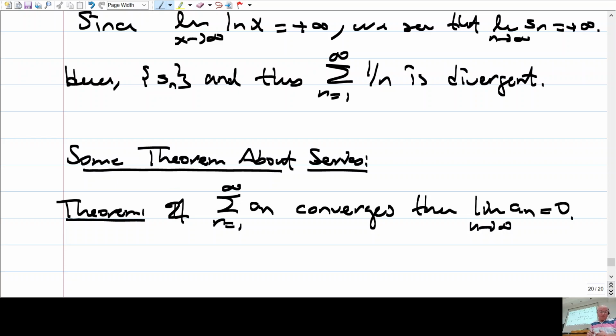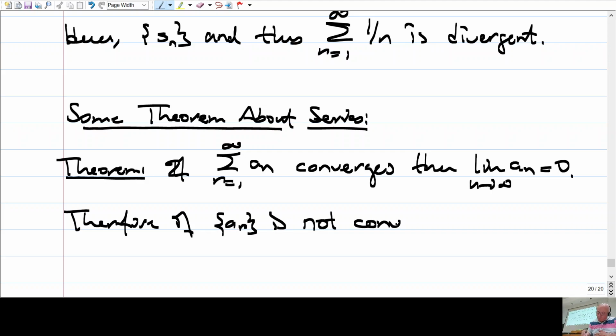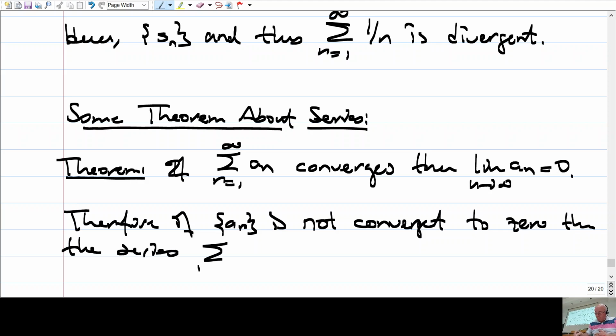Okay, therefore, if a_n is not convergent to 0, okay, then the series is divergent.